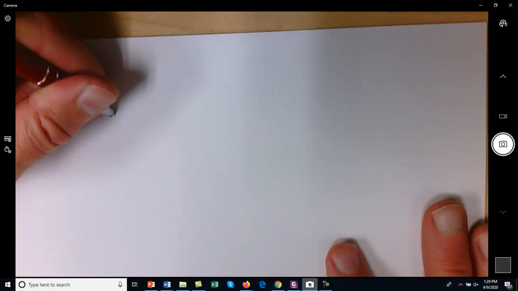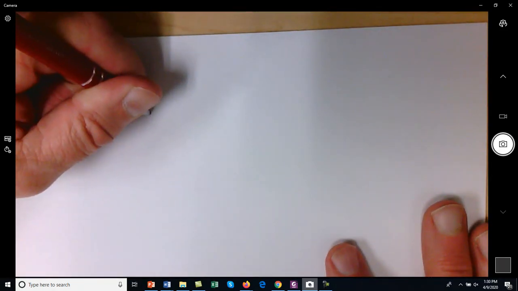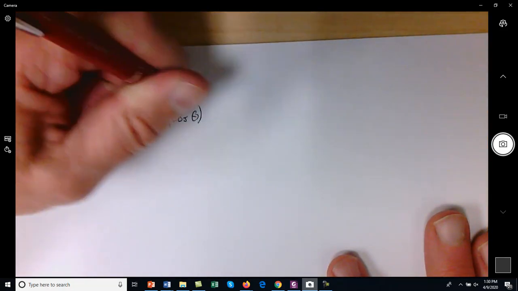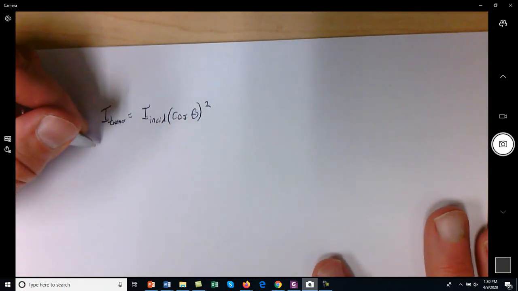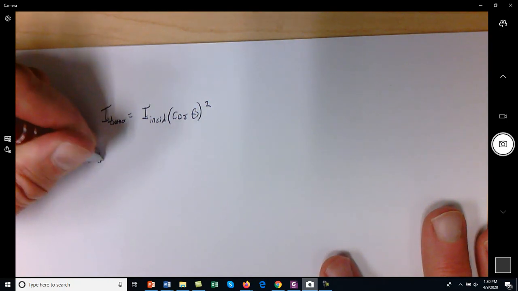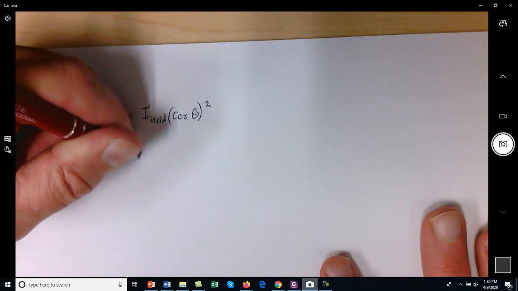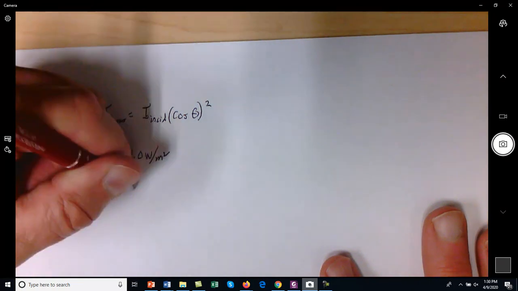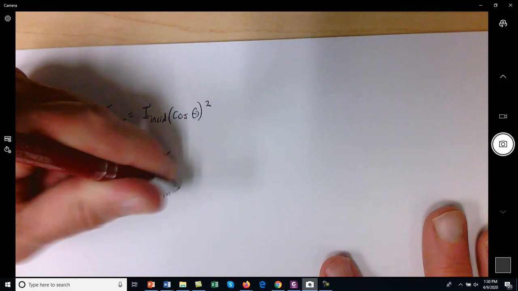I'll get a fresh page here. Okay, so if the transmitted light is 1 watt per meter squared, and the incident light is 2 watts per meter squared, then we plug that in.